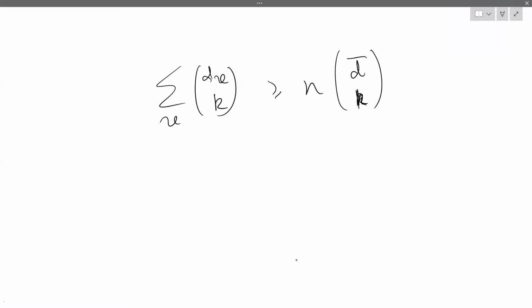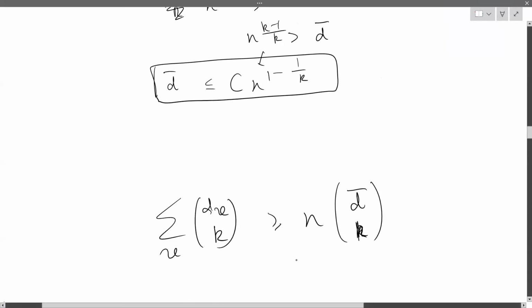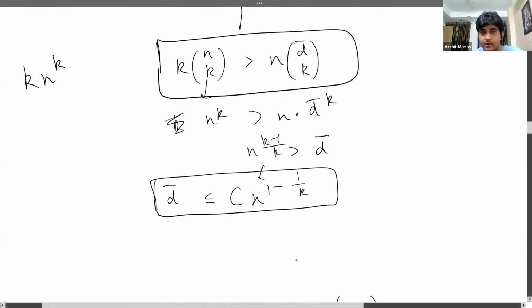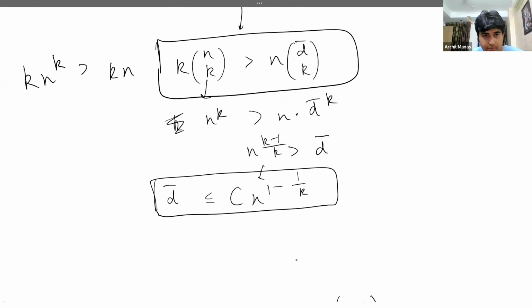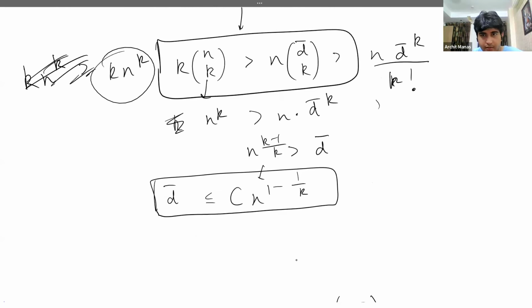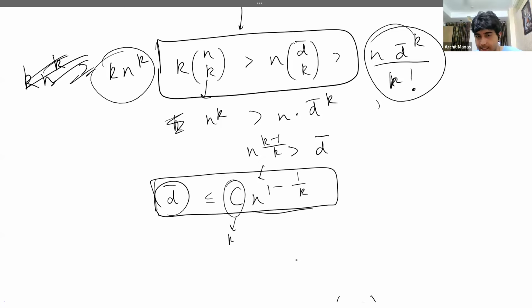Okay, then the bound follows because you get this inequality, and then this is less than k times n to the k. This is bigger than n times k by k factorial, let's say. And if you unpack all of that using these two, you will get that there is some constant c which depends on k, such that the average degree is at most c times n to the 1 minus 1 over k.